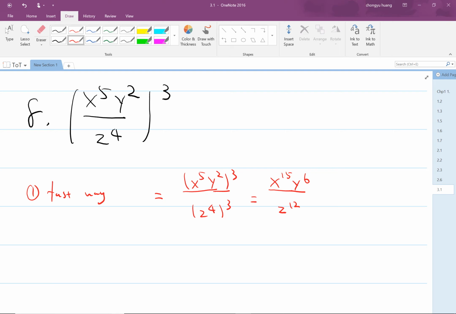That's how we solve the question. As you can see, we are not able to simplify anything more, because we got three variables x, y, z, and this is already the simplest form, right? Okay, so maybe I'll show you the details.